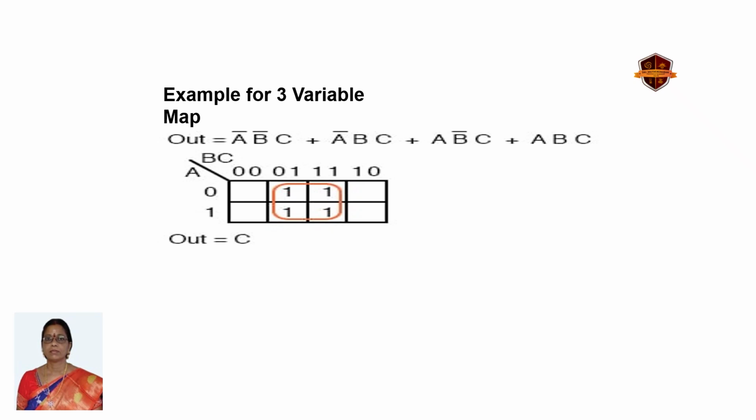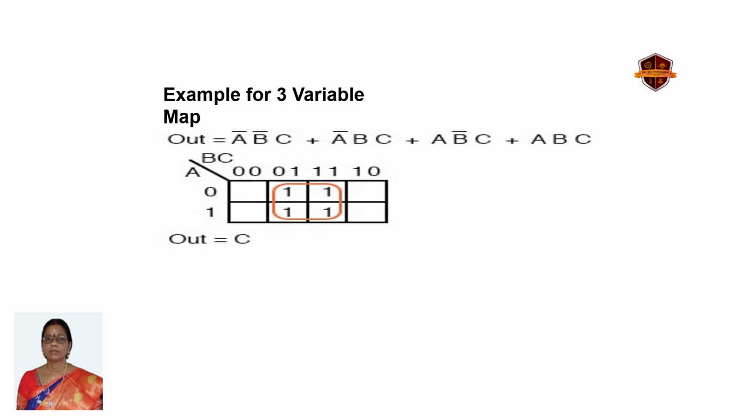As we have represented earlier, A bar B bar C is nothing but the second square. A bar means it corresponds to 0. B bar C means it is 0, 1. So 0, 0, 1, you can mark the 1. Similarly, A bar B C is 0, 1, 1. So it is the third square in the first row. Next is A B bar C.